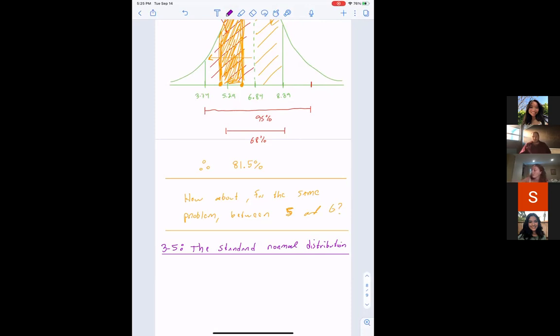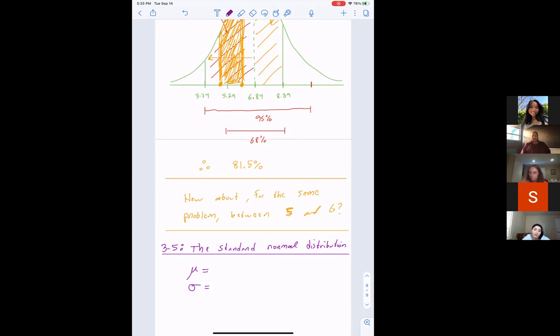The standard normal has a very specific mean and a very specific standard deviation. If you were to take a guess at a very convenient number for the mean, for the average, that you think would be easy to do math with and make problems easier to solve, what is a very convenient specific number to pick for the mean that you think might make your life a little bit easier? 1 is good, 50 is good.